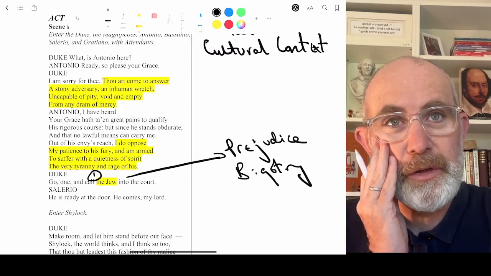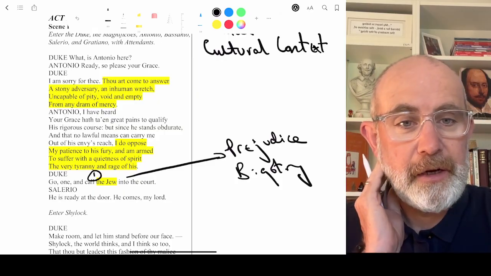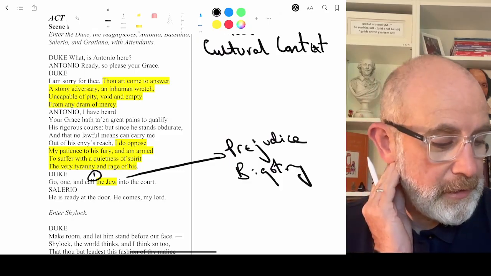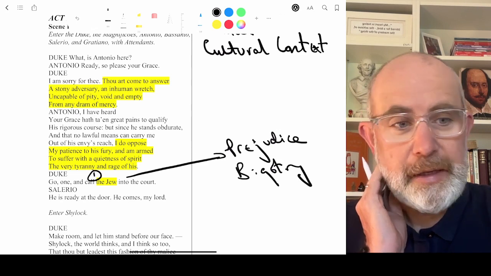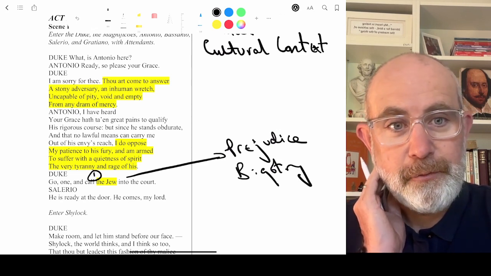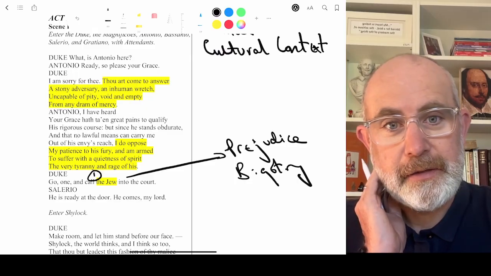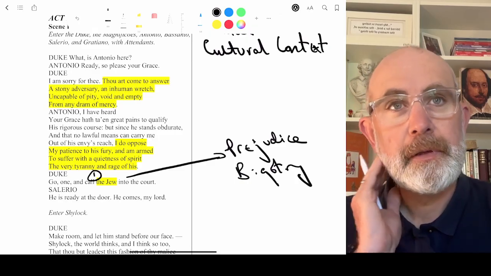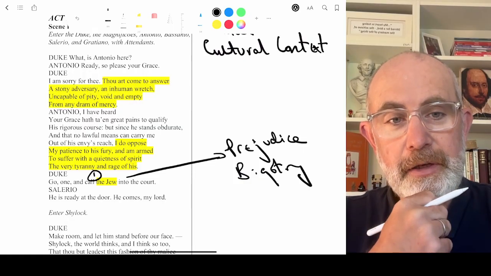He feels Antonio is a symbol of that prejudice and that bigotry and that unfairness and that injustice that has been his life and has been the life of his people and will continue to be the life of his people. So when he gets this opportunity to give one back to Antonio and symbolically to the Christians who dominate and discriminate against him, that's why he's so excited to take the opportunity.